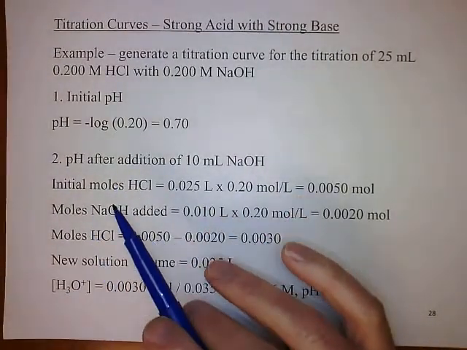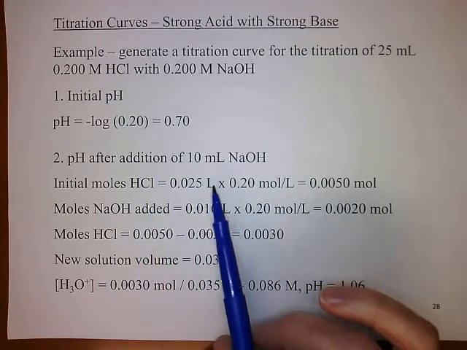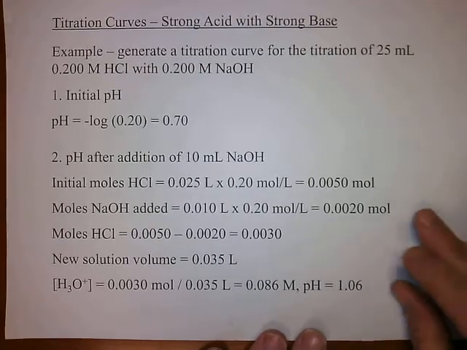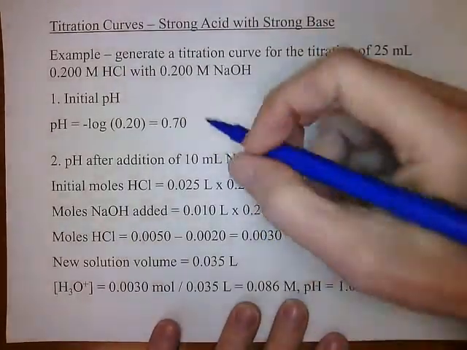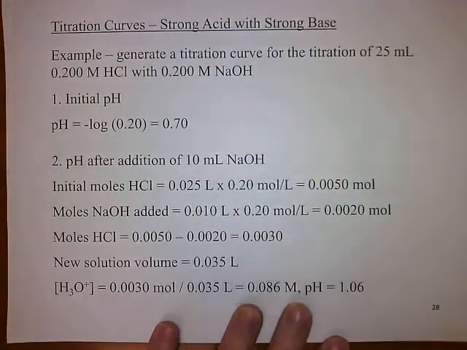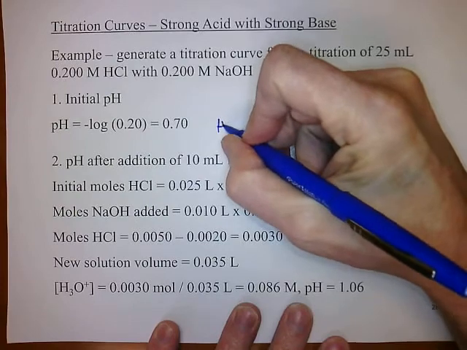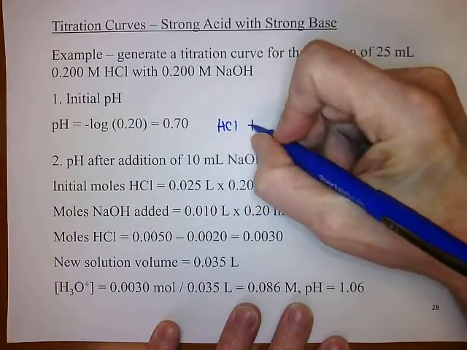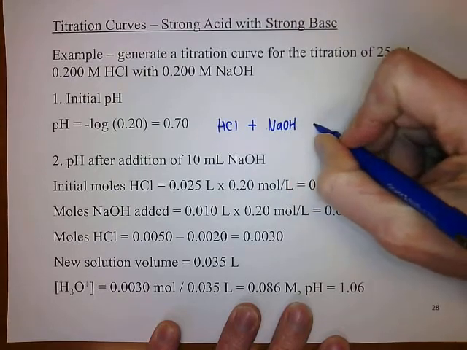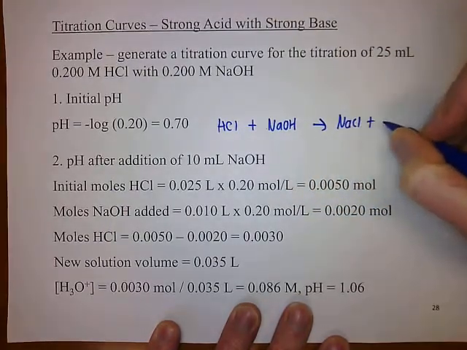Second, let's calculate the pH after the addition of 10 mL of the sodium hydroxide. Okay, so let me write out the reaction for this. You should be able to do this already, but I'll write it out anyway. Hydrochloric acid plus sodium hydroxide makes salt plus water, right?